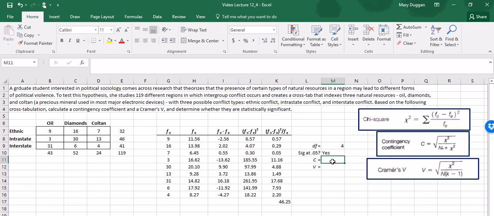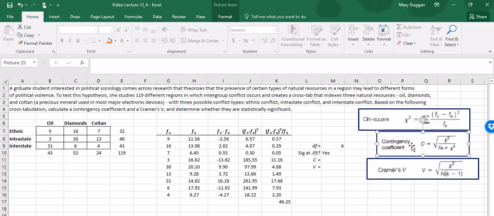This is important because our Cramer's V and our contingency coefficient are going to use the chi-square significance as significance for their associations as well. Now, to find the degree of association, we're going to compute a contingency coefficient, and the formula is right over here. It is equal to the square root of chi-square over n plus chi-square.